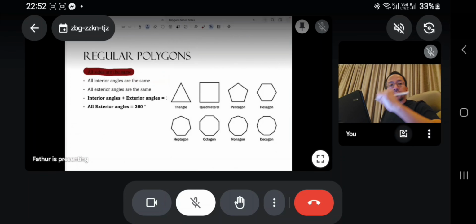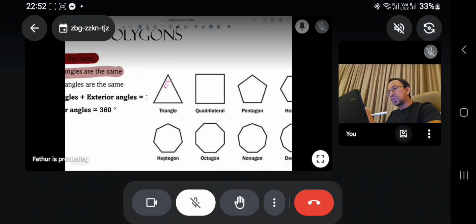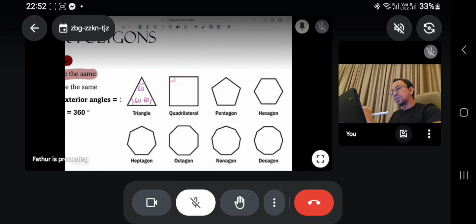When all sides are the same, it means all the interior angles are the same. So if this is a triangle, you have 60 degrees, 60 degrees, and 60 degrees. If you're talking about a quadrilateral, you're talking about 90, 90, 90, 90 degrees, and all the sides are the same.